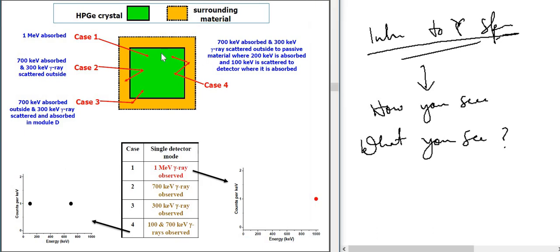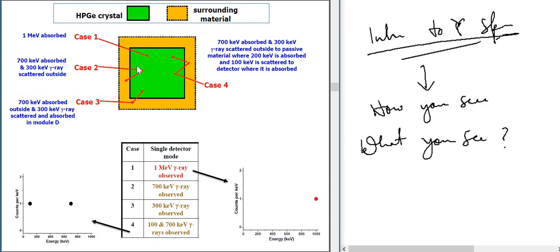So the first case is when 1 MeV is absorbed. Complete photoelectric absorption, no problem. So as a result you will see at 1 MeV on the axis, count 1, you see 1 count. So this corresponds to complete absorption.